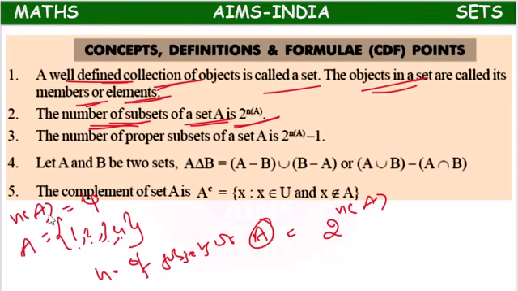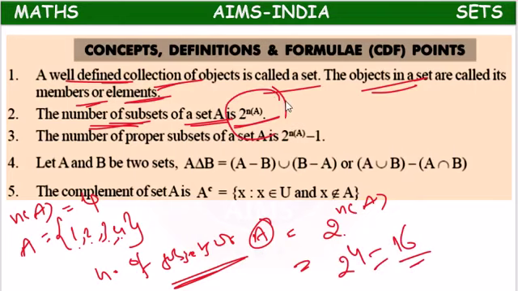The number of elements in A is 4. So the number of subsets of A is 2 power n(A), which means 2 power 4, which is equal to 16. Like that we can find the number of subsets.